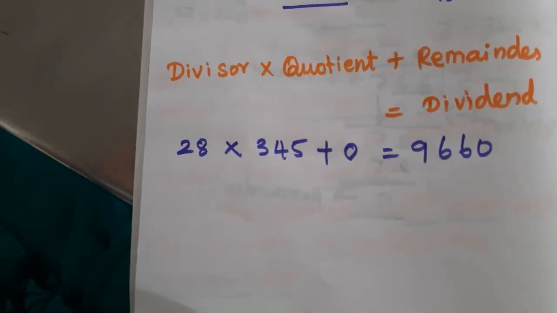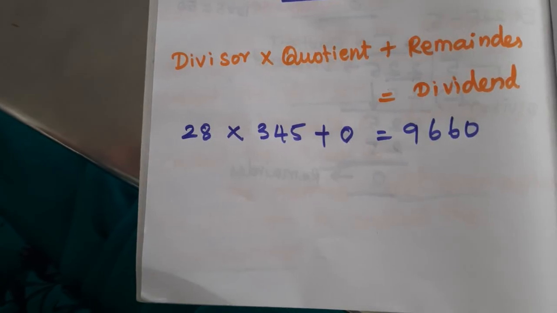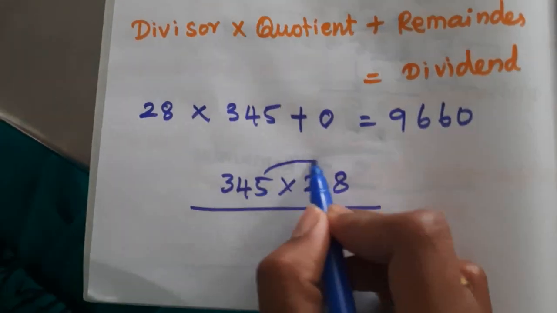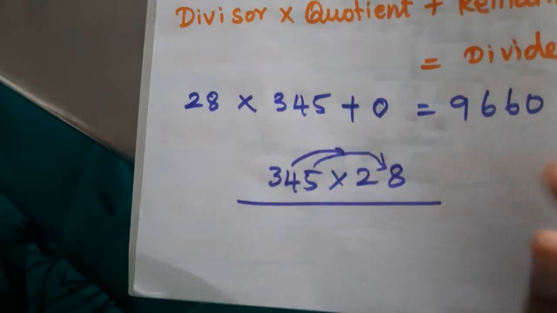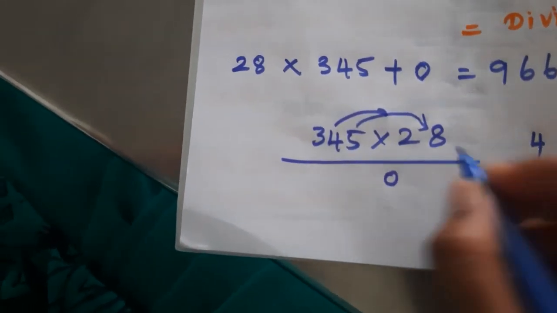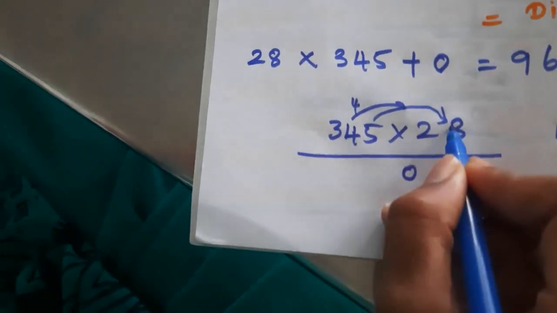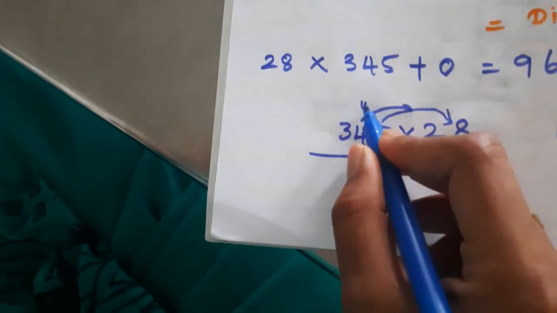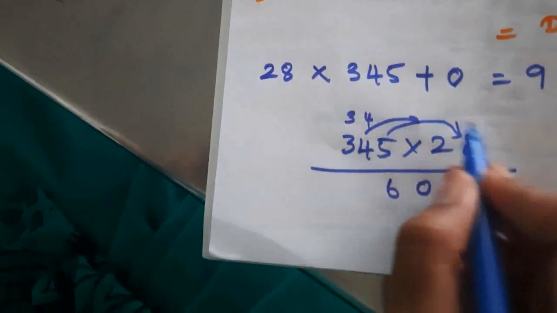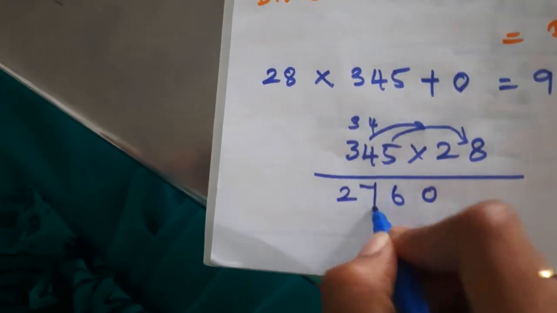Okay, so now we have to multiply 28 into 345. First you have to multiply by that 5. So 8 5s are 40. 0, 4 is a remainder, I mean you have to keep it above. 4 8s are 32. 32 plus 4 is 36. 6, 3. 3 8s are 24. 24 plus 3 is 27.